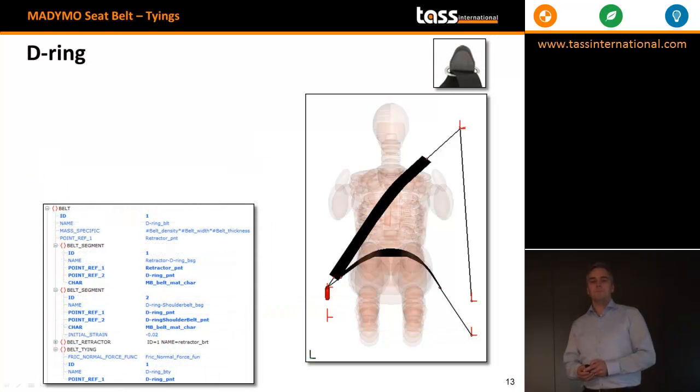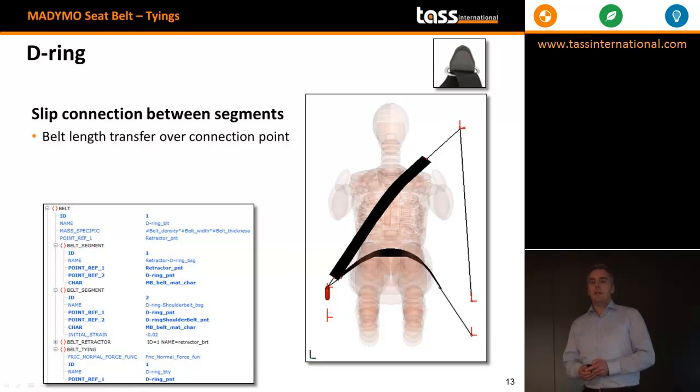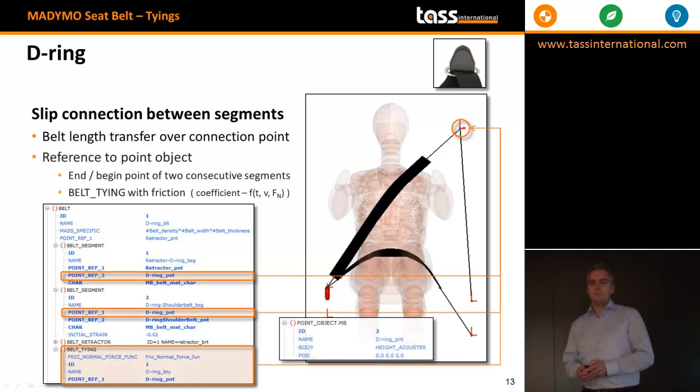The D-ring. The D-ring is basically a slip connection between two multi-body belt segments. The slip means that there will be belt length transfer over the connection point. This can be defined with a reference to a point object.